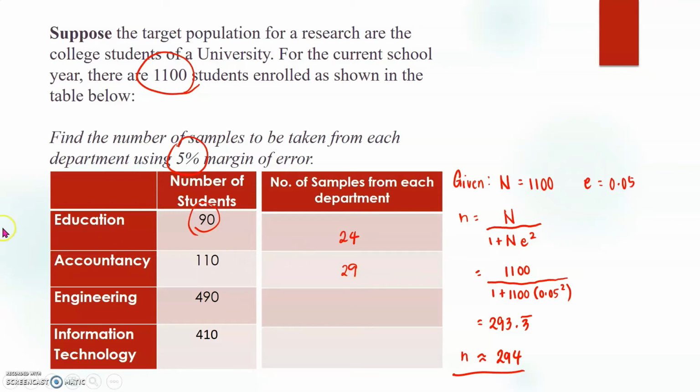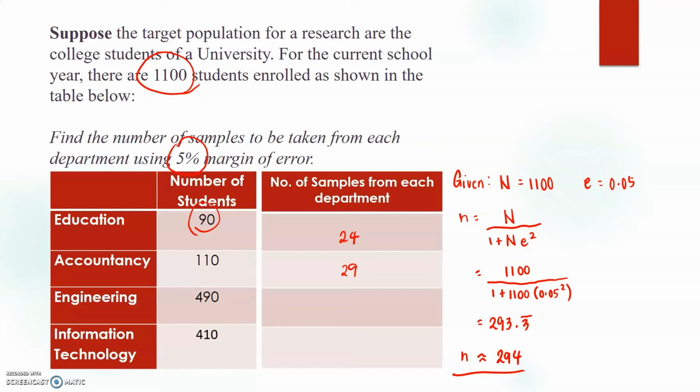Next, we'll have the engineering department. So we have 490 divided by 1,100 times 294. It gives us 130.96.